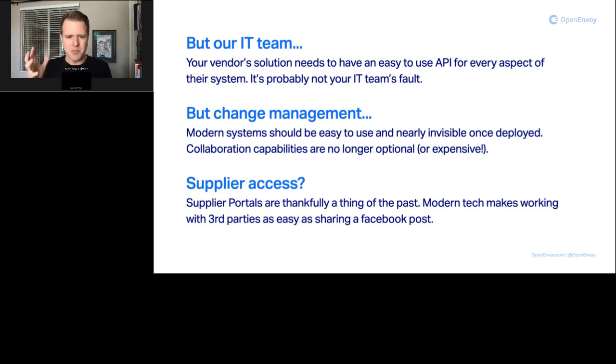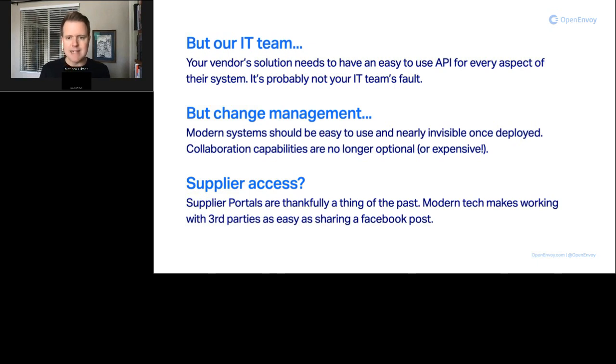Usually finance is always complaining IT is not fast enough. The reality is usually the vendor's solution is not made with modern tech, it's made with legacy tech. It should be nearly invisible once you deploy it. You should really only be managing to exceptions at that point and never worrying about things that automatically match.